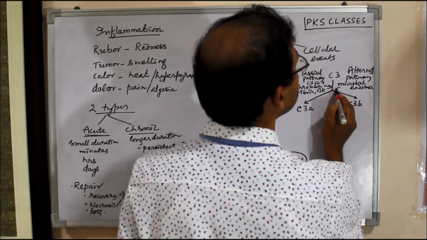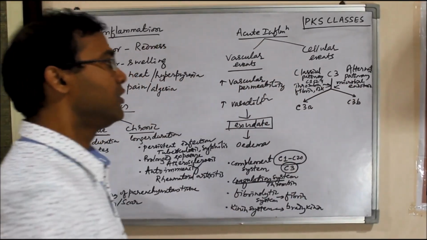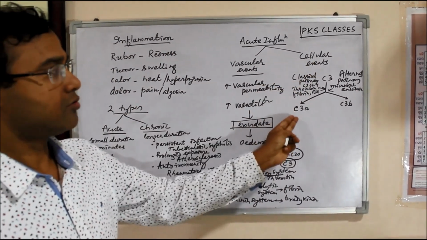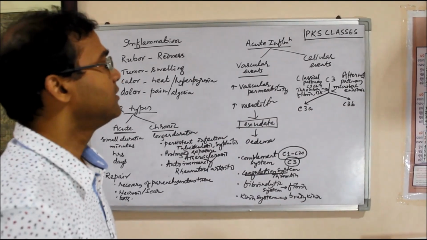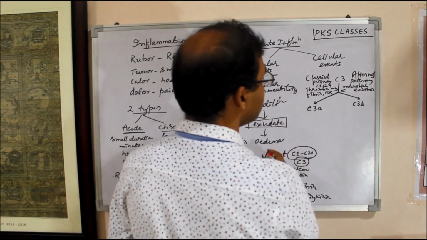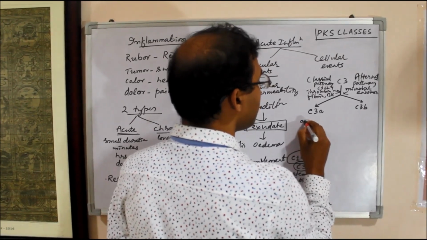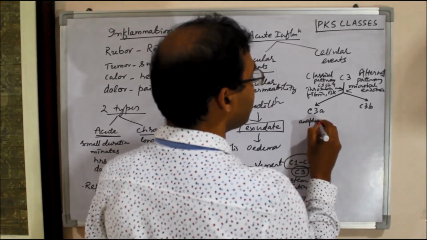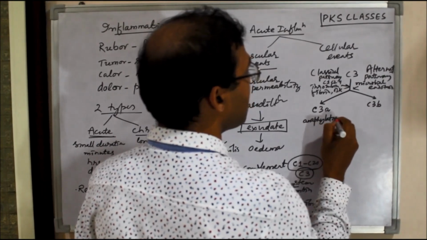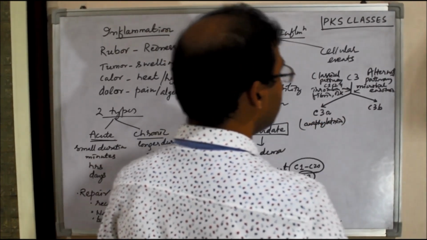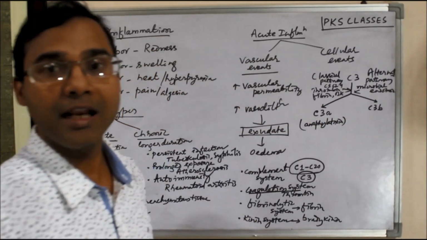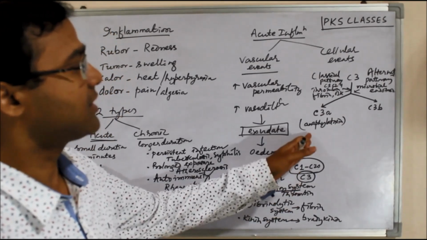Okay, this activates the alternate pathway. So the C3 is converted to C3a and C3b, and this C3a acts as anaphylatoxin, so it produces anaphylactic reactions.